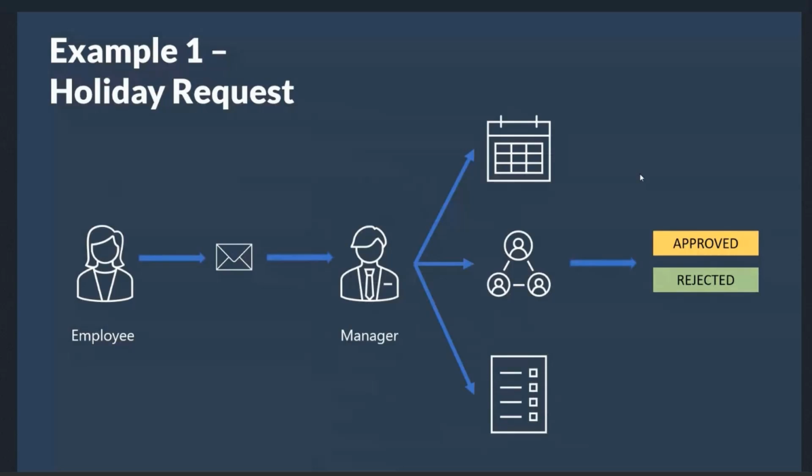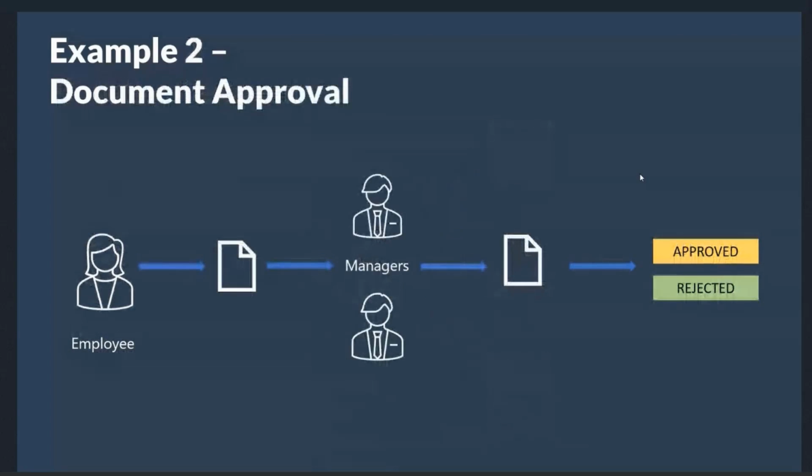And there are so many different types of workflow that you can automate. Let's take a look at another example. The example I'm going to give here is one of a document approval. Again, it might be that you have a sales pitch that needs to go out to the client. But before you send that out to the client, you need a couple of your managers to review it, check it for errors, just check to make sure everything's fine before you can actually send that document out.